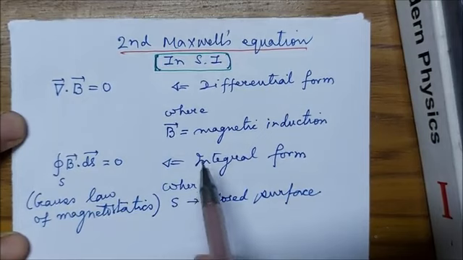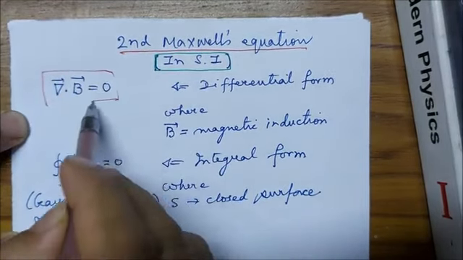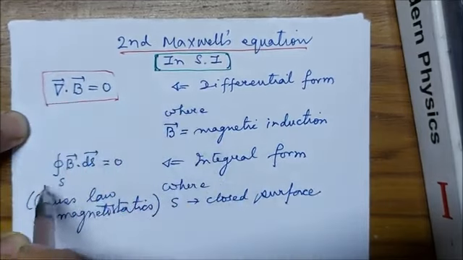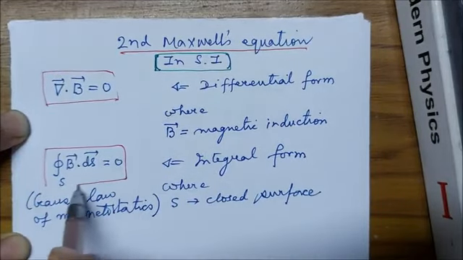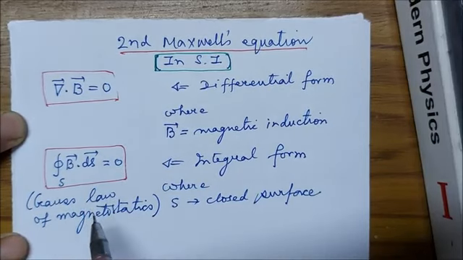So the second Maxwell's equation in SI system is this one in differential form and this one in the integral form. And let us write down their counterparts in Gaussian system.